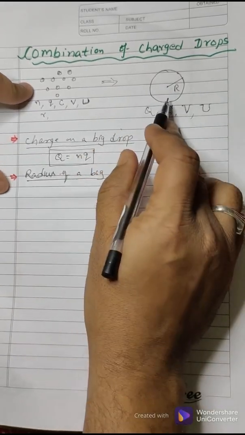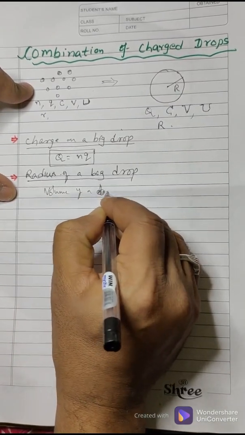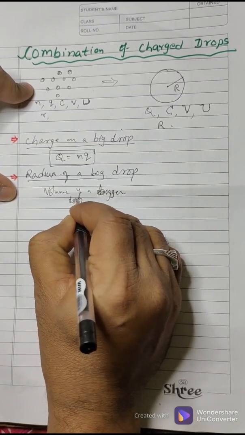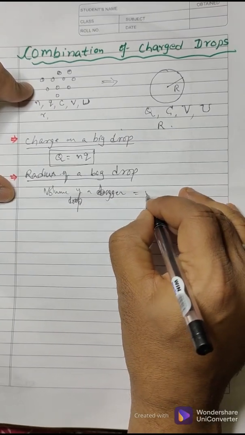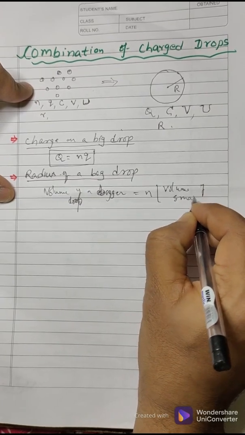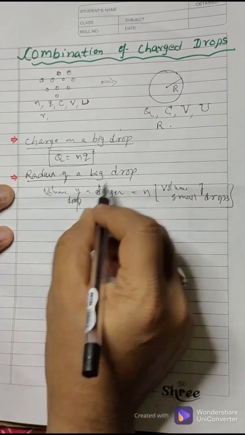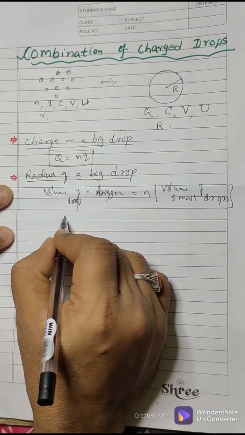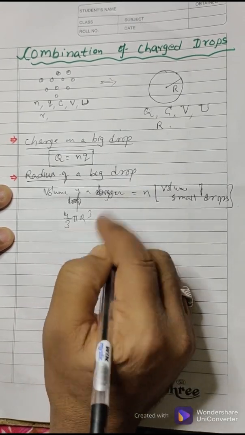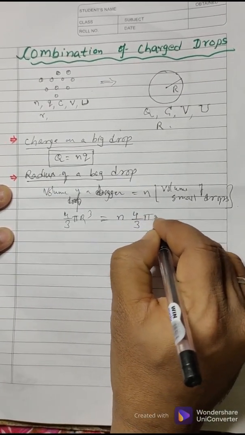That means the volume of the bigger drop should be equal to n times the volume of a smaller drop. If you consider it as a spherical shape, the volume of the bigger one is 4 by 3 pi R cube, which equals n times the volume of a smaller drop, 4 by 3 pi r cube.